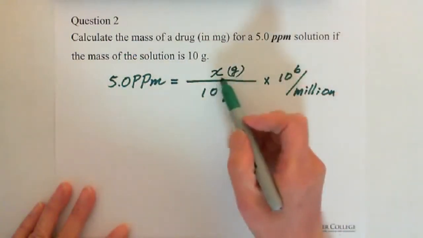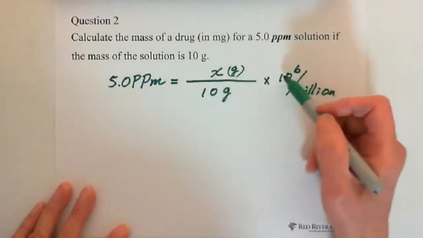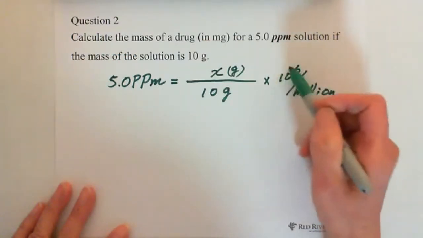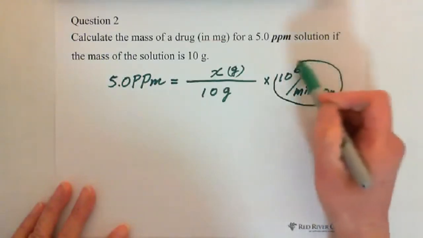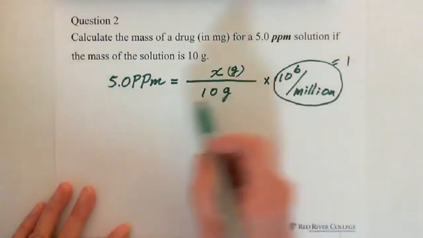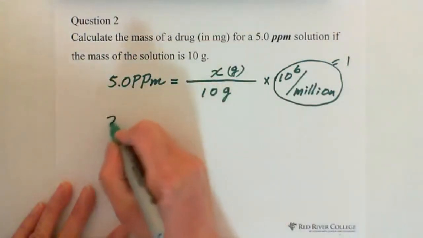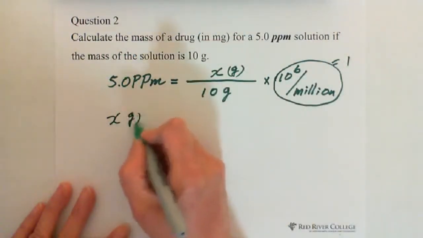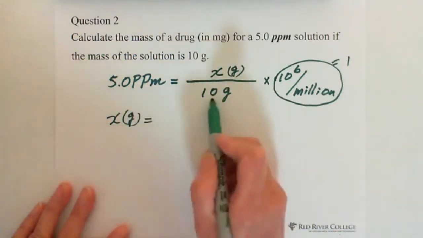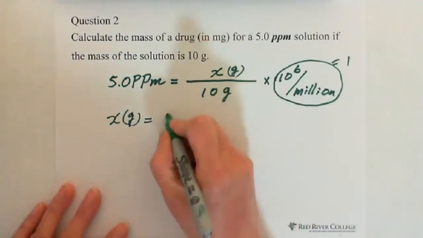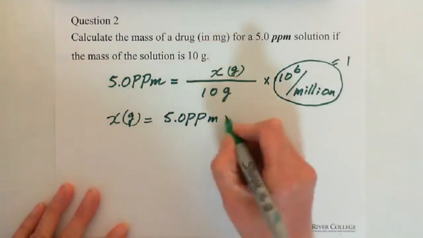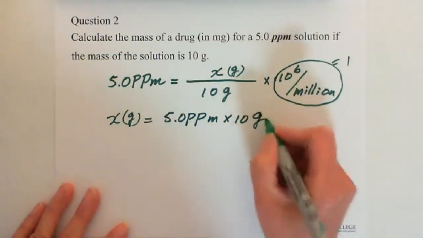But when you calculate the X in grams, this part we can say is 1. This part equals 1, right? 10 to the 6 over million is equal to 1. So we just got the X in grams equals 5 ppm multiplied by 10 grams, which is 5.0 ppm times 10 grams.